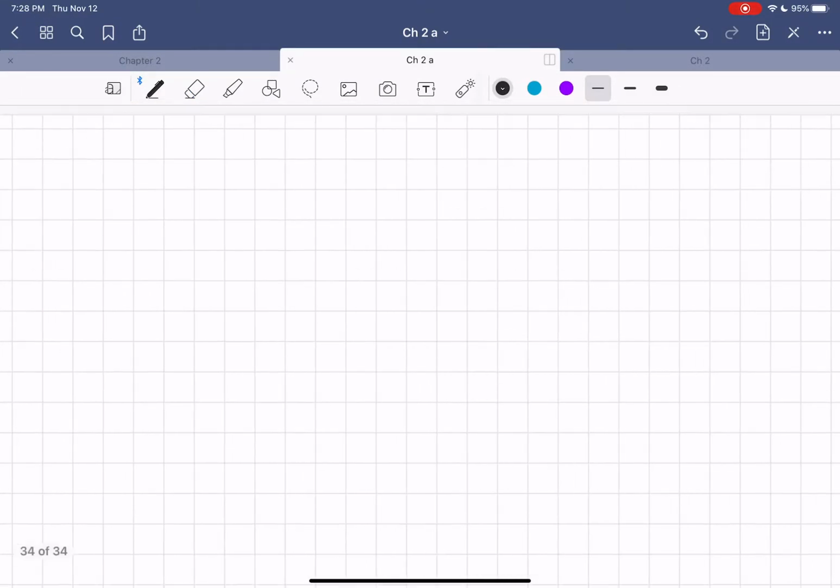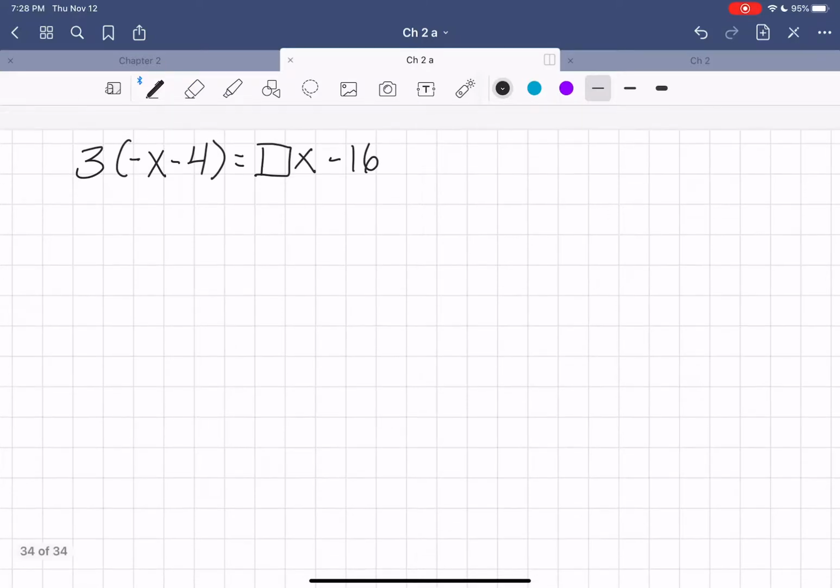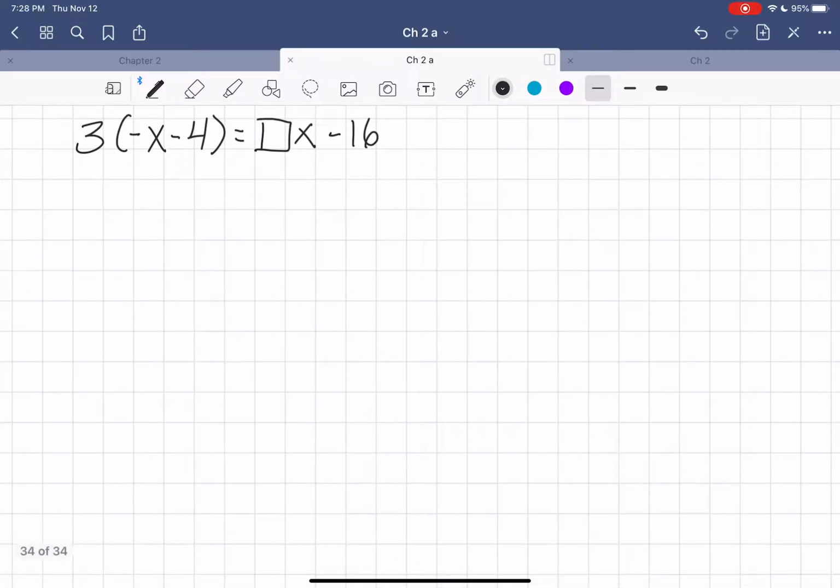All right, I've got to do a new page. So this one takes me to 78, and I'm sure that it is really frustrating to get this problem and get it wrong. So let's see how we get it right. They want us to give no solutions, but I don't know if you've noticed, it honestly generally doesn't matter that much when you have the box attached to the variable.